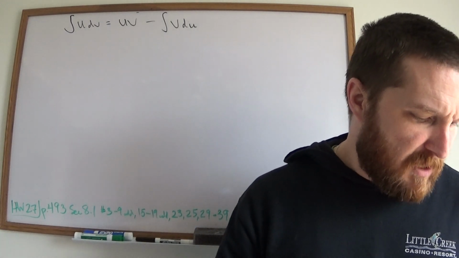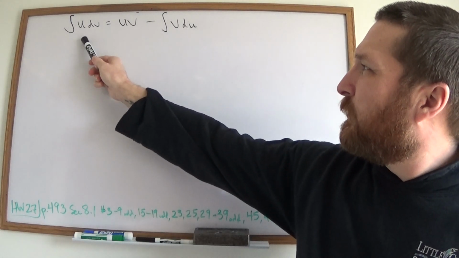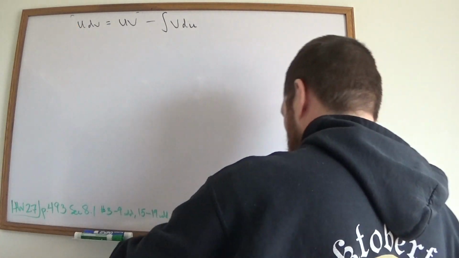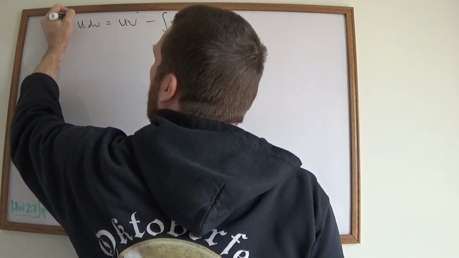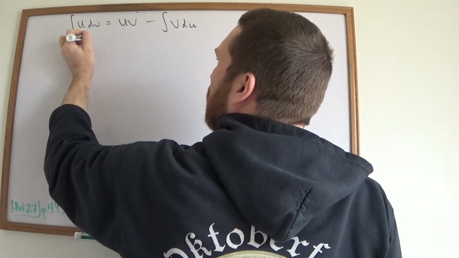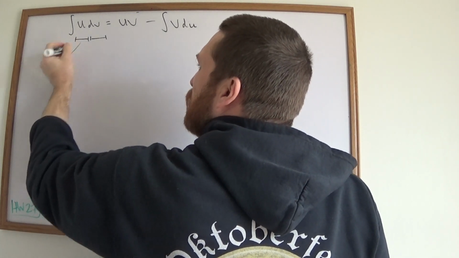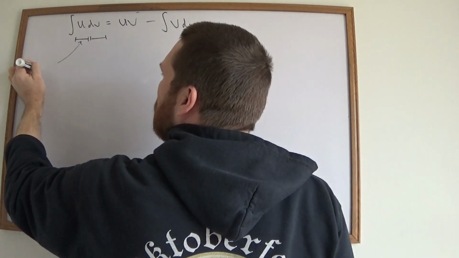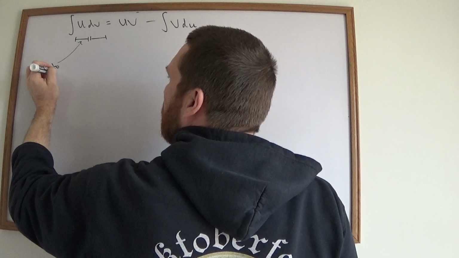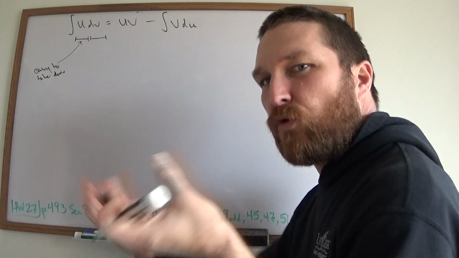So, just one note to make. You might say, it looks like you're taking something simple and making it more complicated. But the idea here is that in practice, this u part is usually something that's going to be easy to take a derivative of, or something that gets simpler when you take its derivative.